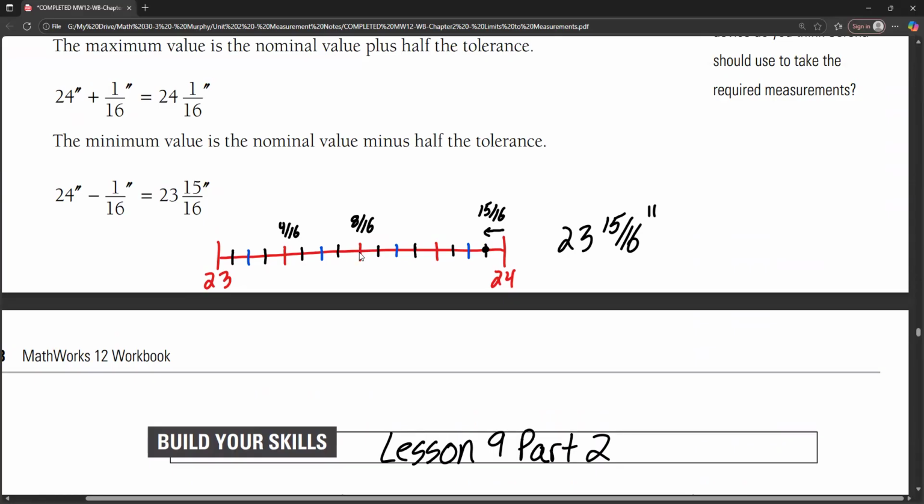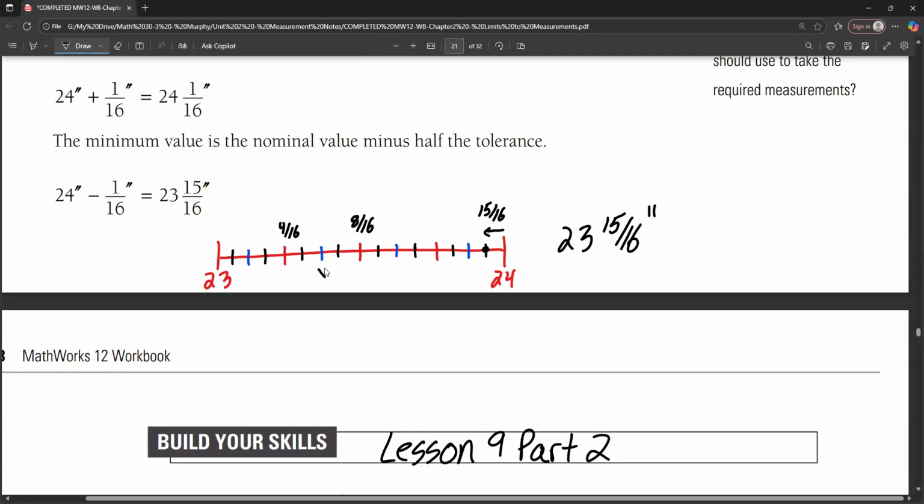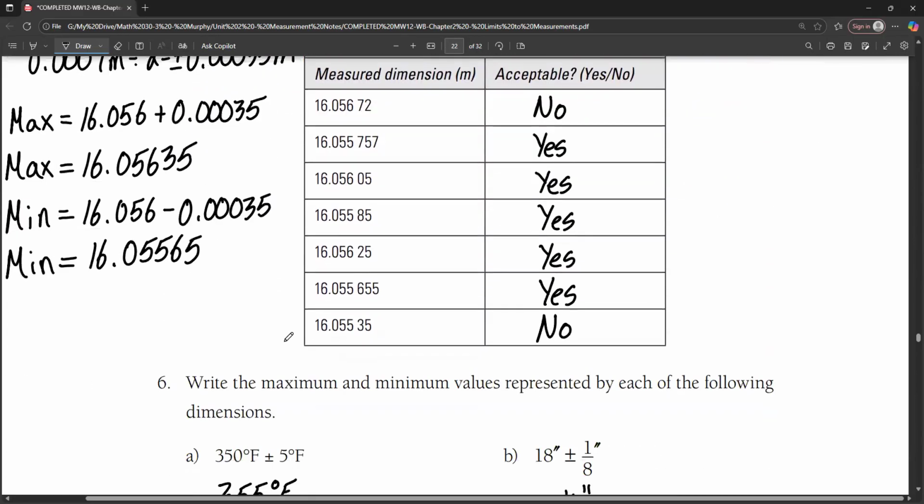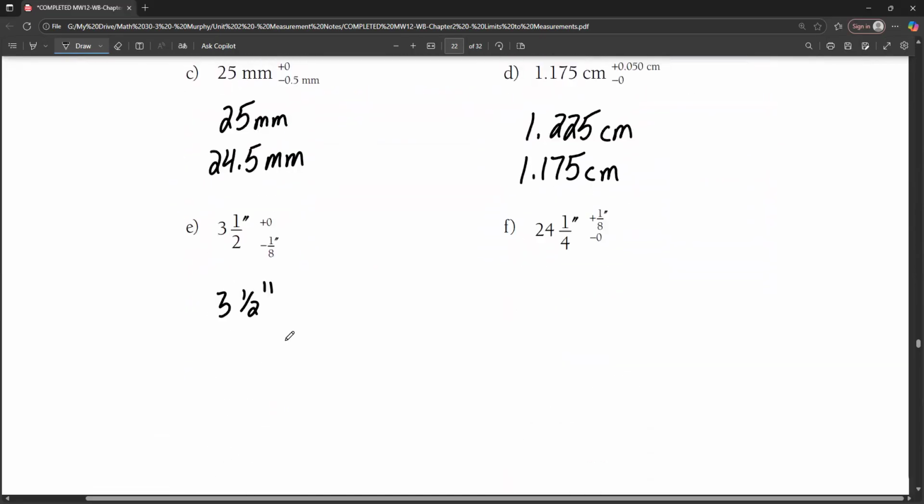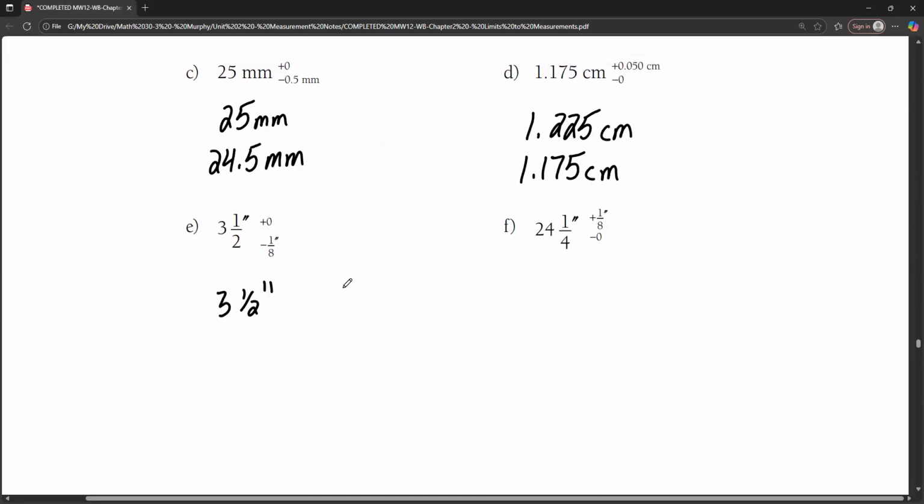If we go down an eighth, which are in blue, we end up right here. Okay, so that means we're at 1, 2, 3/8. So we are at 3 3/8.